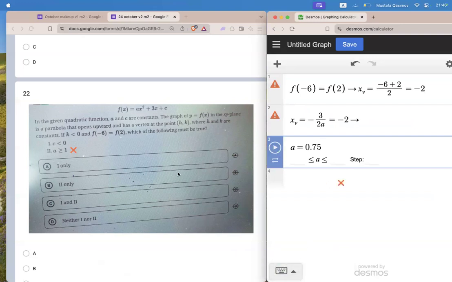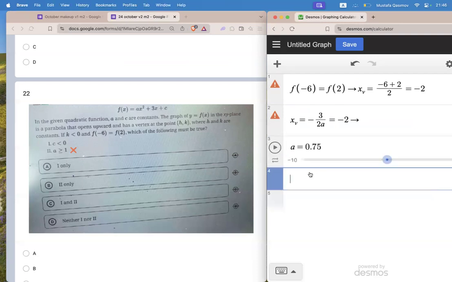Okay, after that, we have to write it like this. Y is equal to 0.75 x squared plus 3x plus c. When you substitute negative 2, the value of x vertex, for x, we will get k.